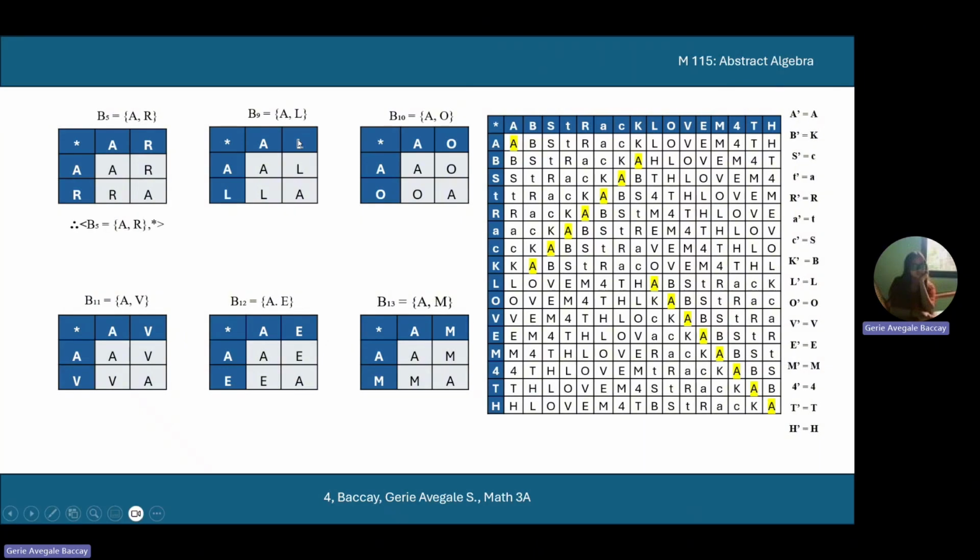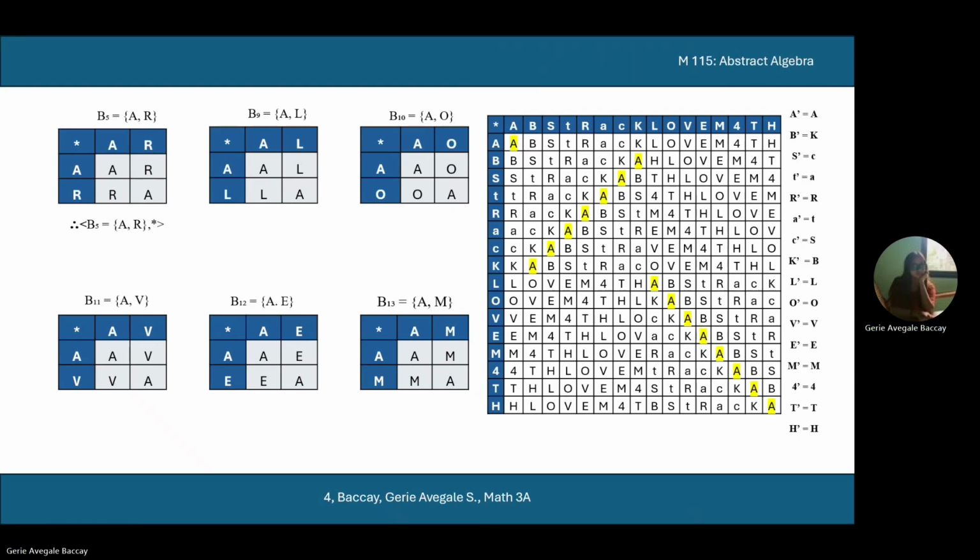And then let's have B sub 9. The result remains within the subset. Therefore, the subset is closed under the binary operation of G, satisfying the first condition for being a subgroup. And then there is also a column that matches the outer left column and a row that matches the outer top row, and their intersection is A. And the identity element A of G is in H. So it satisfies the second condition.